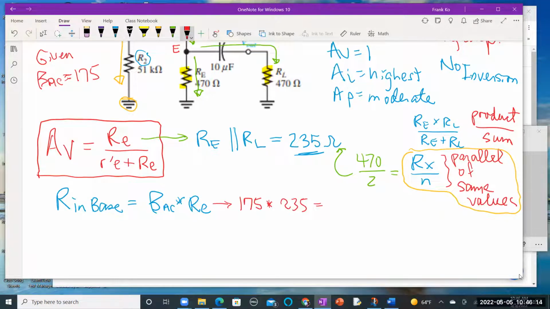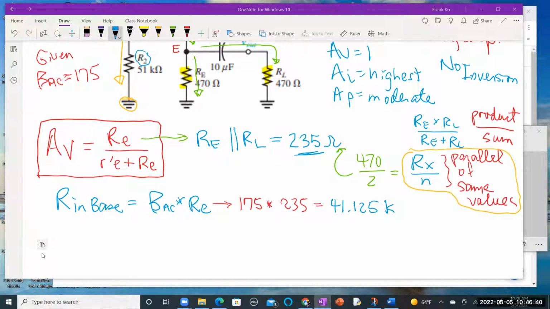Give me a number. 235. Oh, I input it wrong. 41.125 times 10 to the negative 3, which was kilo ohms.